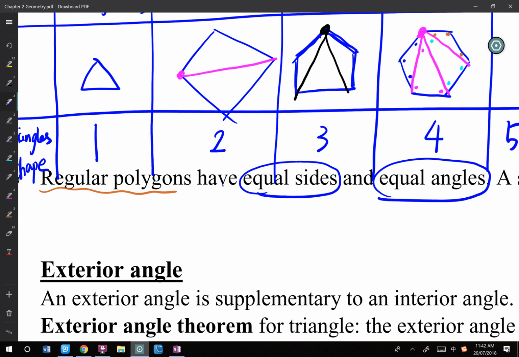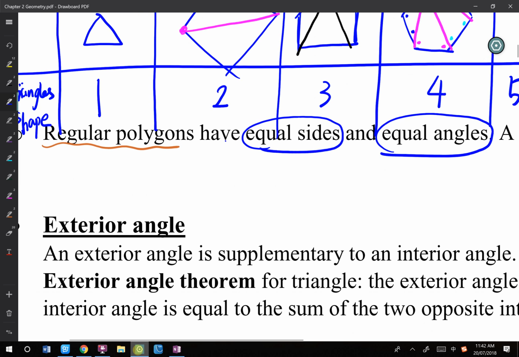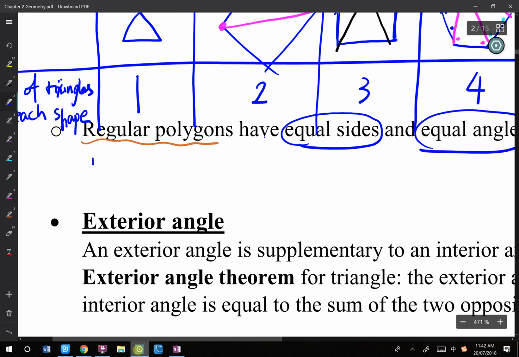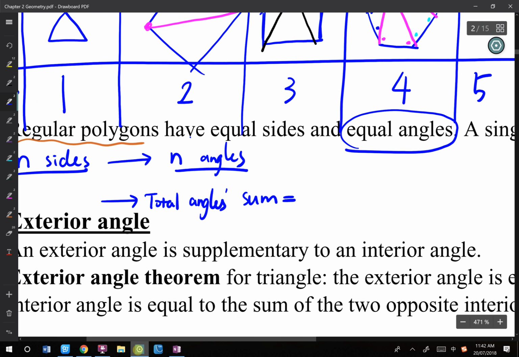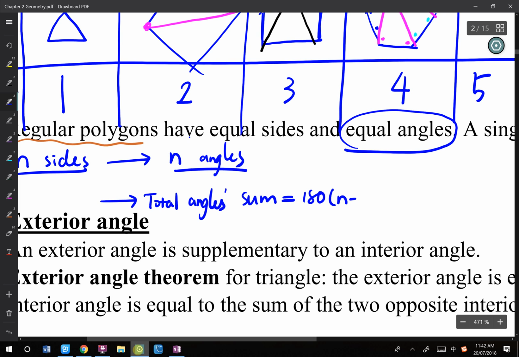So when it's a regular polygon, you will have n sides, and then you will have n angles. If you have n sides, you will have n angles, and you can find the total angle sum equals 180 times n minus 2.